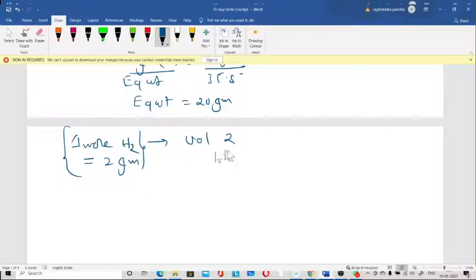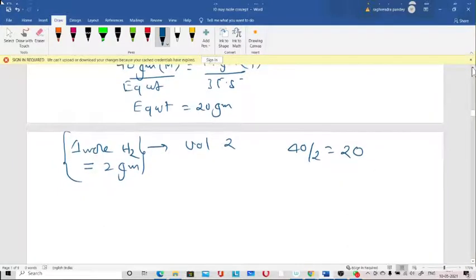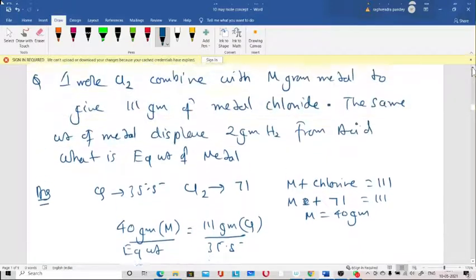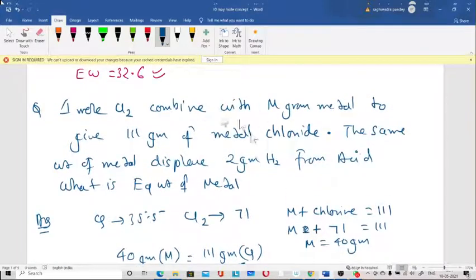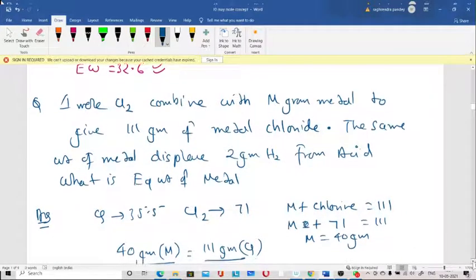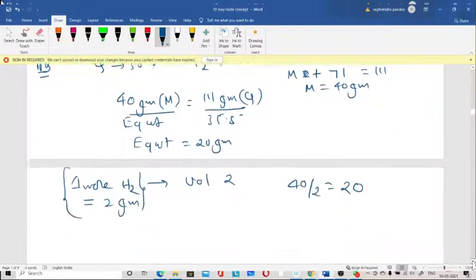So here the valency is 2, so 40 by 2, that is also your 20. This can also be done, but they have given this in the first statement only, so you can solve it. I gave this just to show you how hydrogen is related.